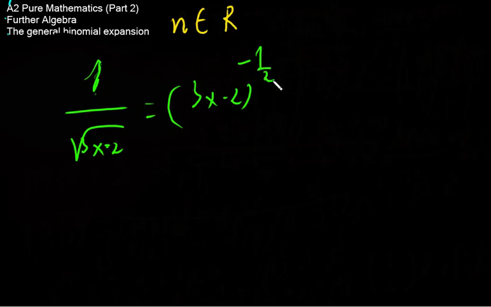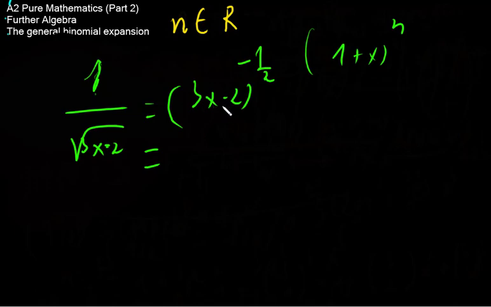So the modulus of 1 over 2 is smaller than 1. So we know that this is valid. Some might find this quite weird. But here the way that you can solve it, you have to put it in the form of 1 plus x to the power of n. To do that is not difficult.